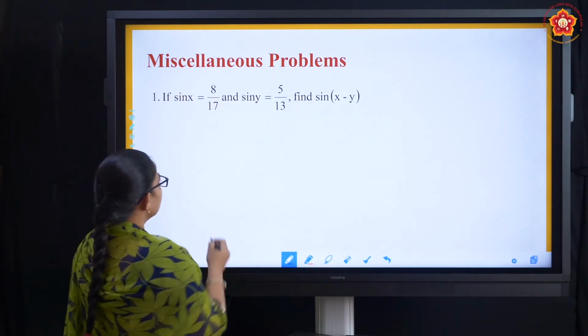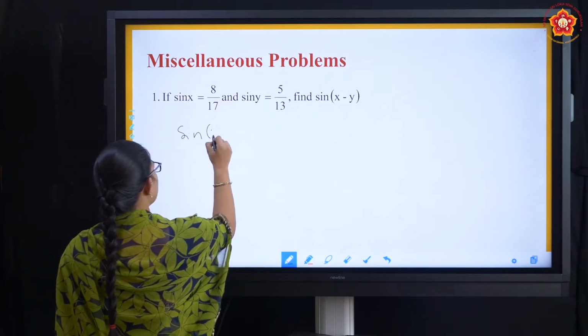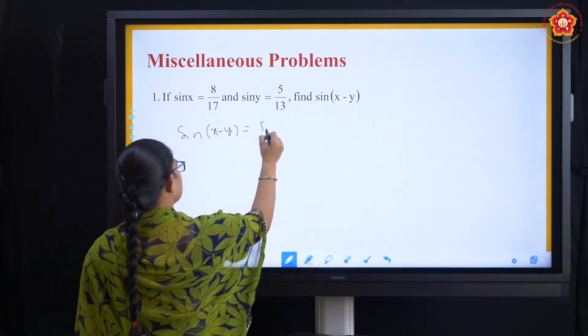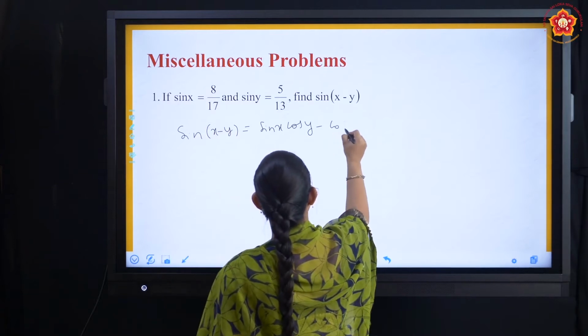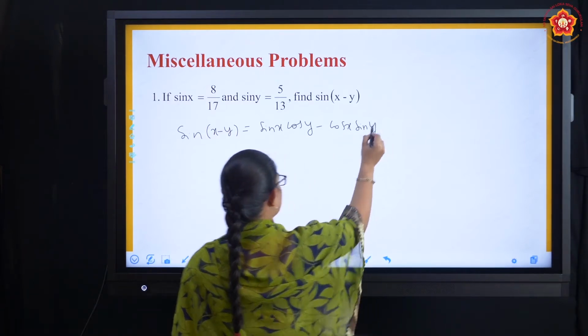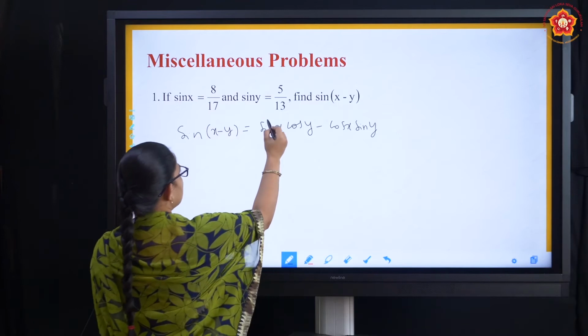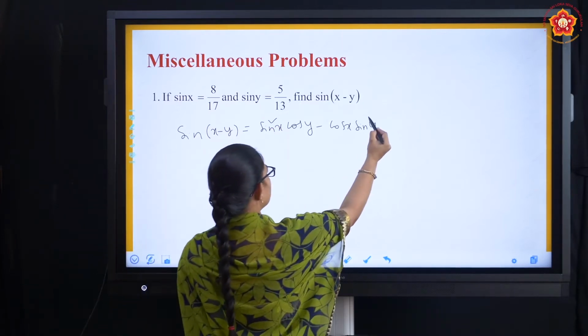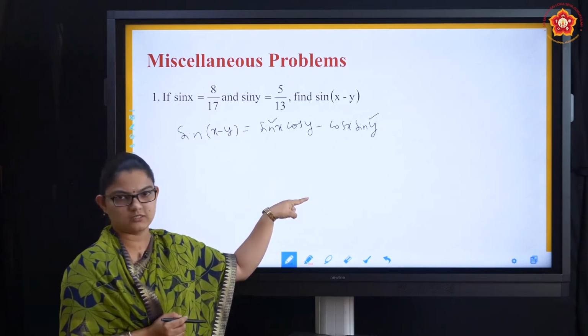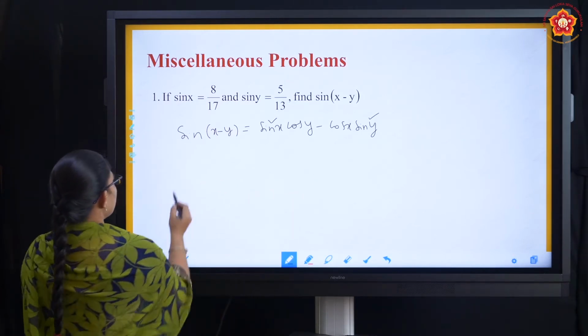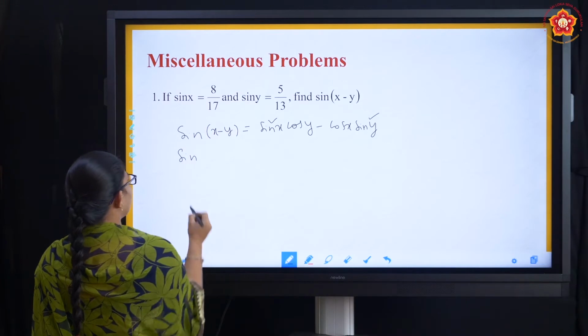So we have the formula: sin of x minus y is sin x cos y minus cos x sin y. We know sin x and we know sin y, so we need to find cos y and cos x. Using sin x, we can find cos x. How?